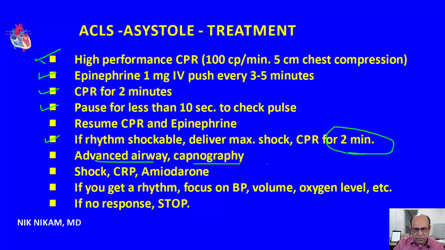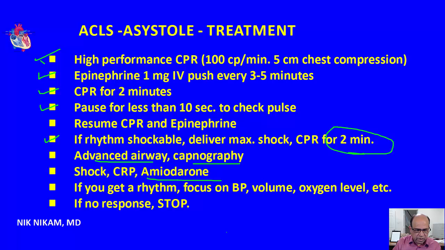Again, administer epinephrine as indicated. Then if there is evidence of a ventricular arrhythmia, it can be treated with amiodarone. If you are successful in establishing a rhythm, then we need to focus on blood pressure, volume, oxygen level, and mental condition. If there's no response, I guess it's time to call it quits.